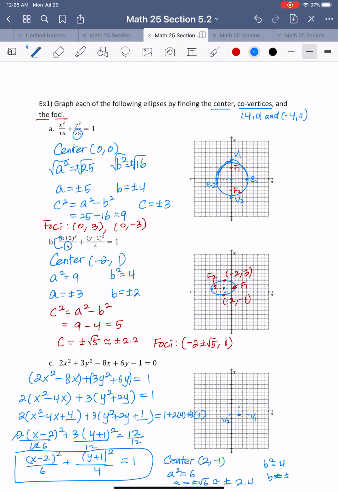Then down, and you can just connect them together as 4 points. Okay, so this is the ellipse. It doesn't look nice, sorry. All right, now the foci.